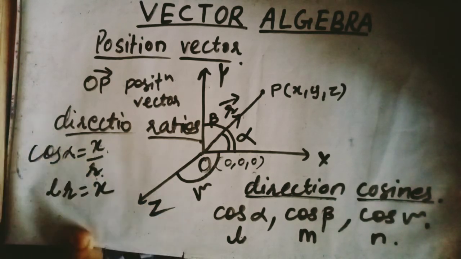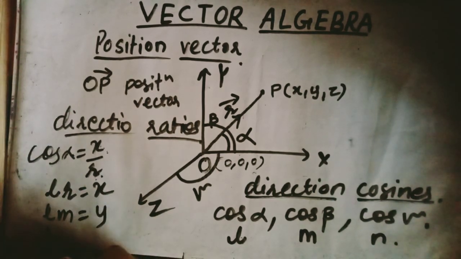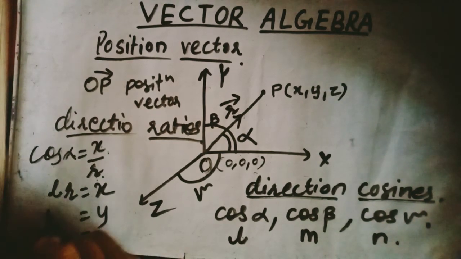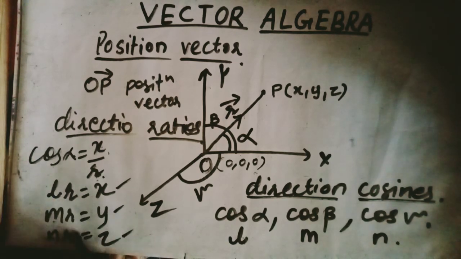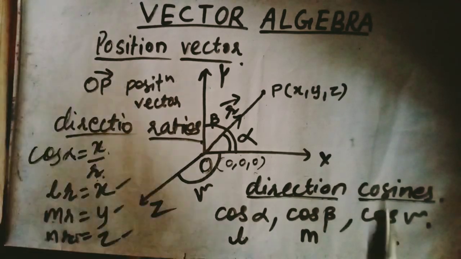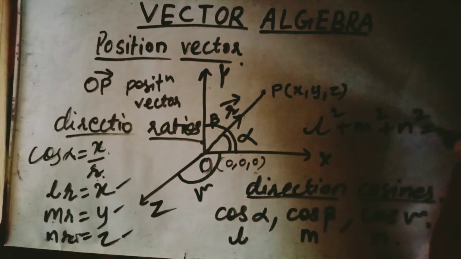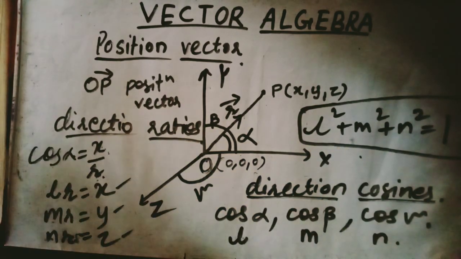So lr equal to x, mr equal to y, and nr equal to z. These are your direction ratios, lr, mr, and nr, denoted as a, b, c. There is one equation, that is l square plus m square plus n square is equal to 1. You can make use of this equation while solving problems.